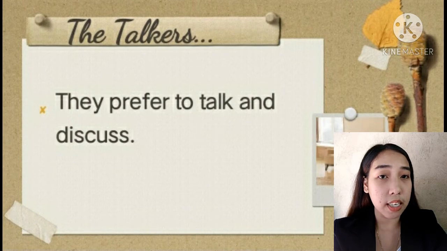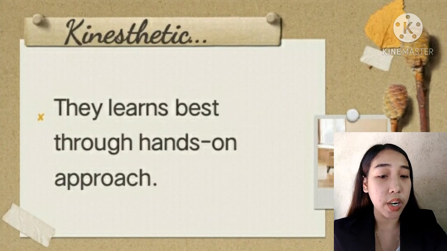The third one is the kinesthetic or the tactile. This type of learner learns best through a hands-on approach and actively loves to explore the physical world around them. Under this is the global analytic continuum.